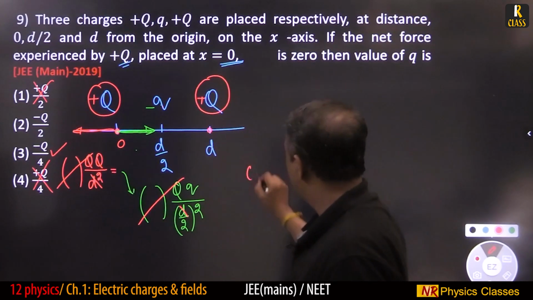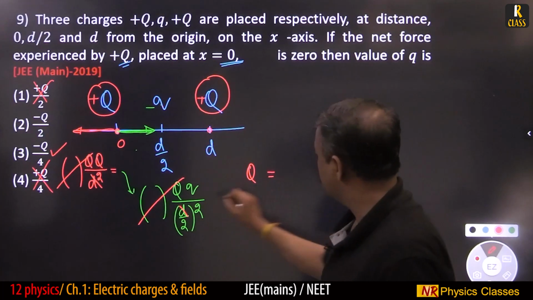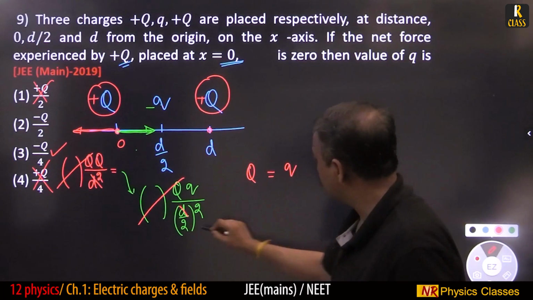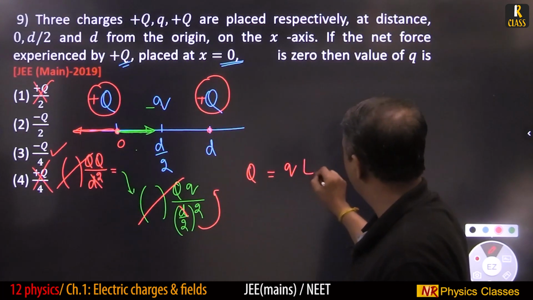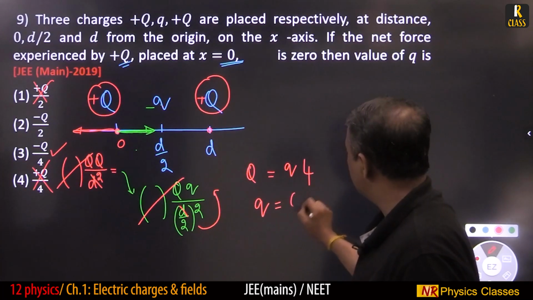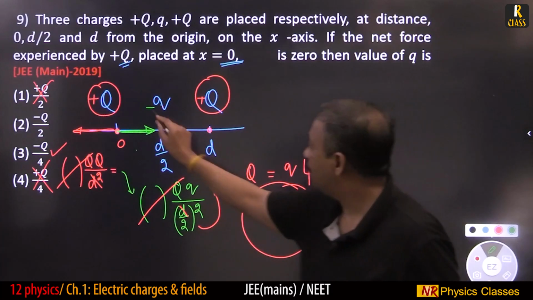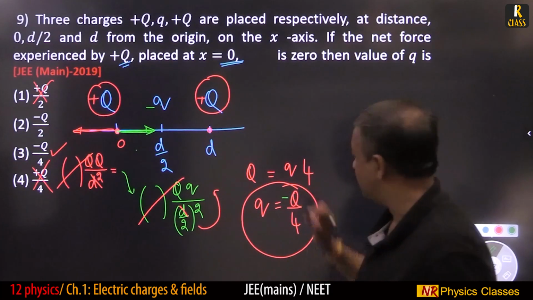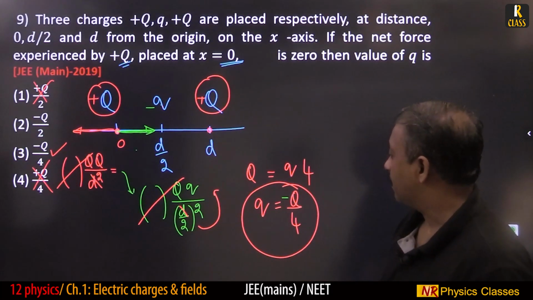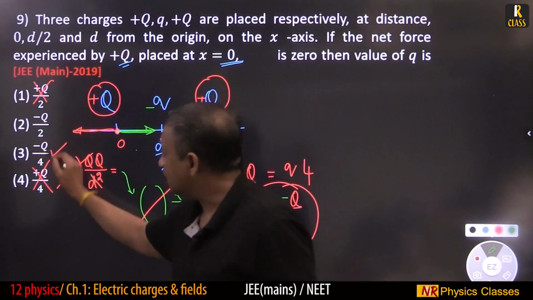Now we have q equal to Q into 2 square, which is 4. Therefore q equals Q by 4 with a negative sign. We understood why it is with a negative sign. Therefore it is minus Q by 4.